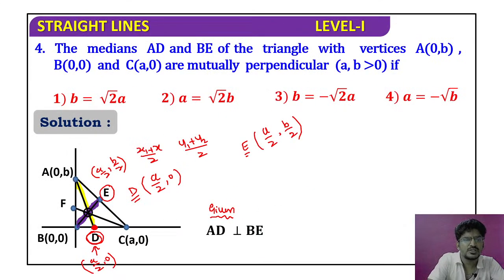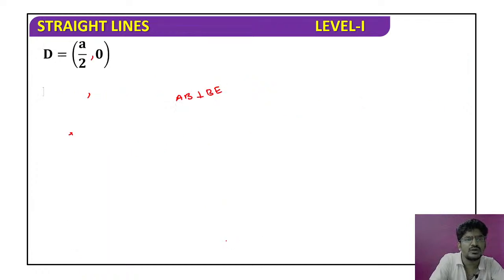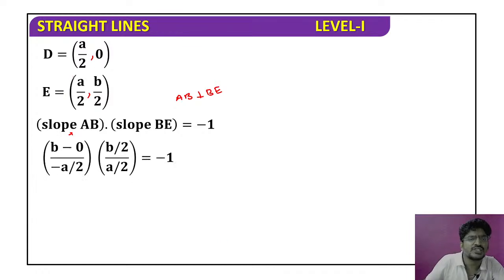Because they have given that AD is perpendicular to BE, in the next point this is not slope of AB, this is slope of AD. There is a typing mistake in that, so you just correct it. So slope of AD into slope of BE equal to -1.